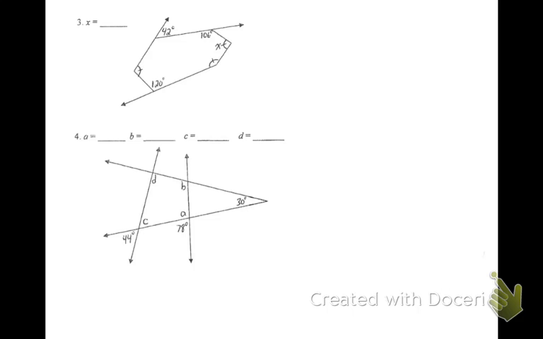Okay. So first, let's find out how many angles we have in here. So I have 1, 2, 3, 4, 5, and 6 angles. So in this diagram we have a hexagon, and it's going to be 6 sides. So let's find the sum of those interior angles. And again, I'm going to write the formula up at the top so we can refer to it.